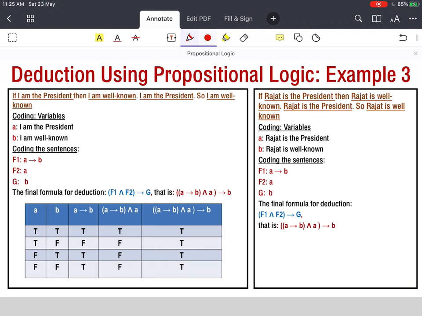Let us look at the third example: if Rajat is the president, then Rajat is well known; Rajat is the president, so Rajat is well known. So we code A as Rajat is the president, B as Rajat is well known. And if we code them, then we see F1 is A implies B, F2 is A, and G is B. And if we code this formula, we notice that both formulae are identical.